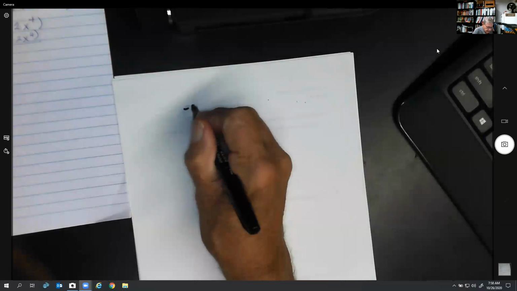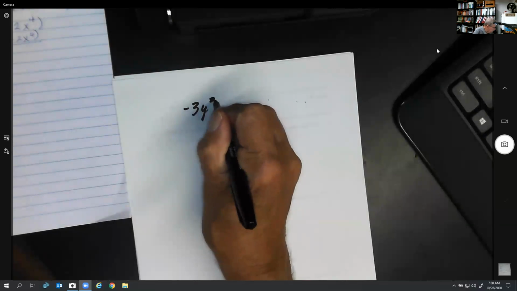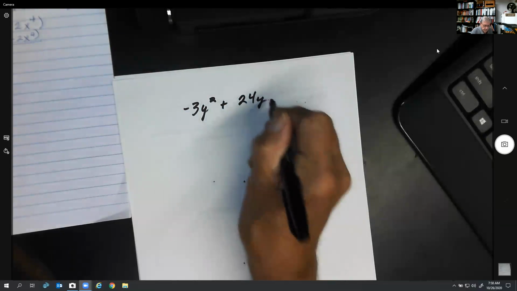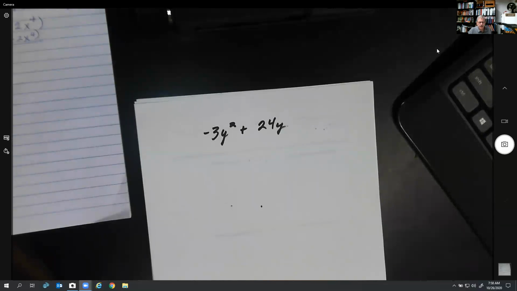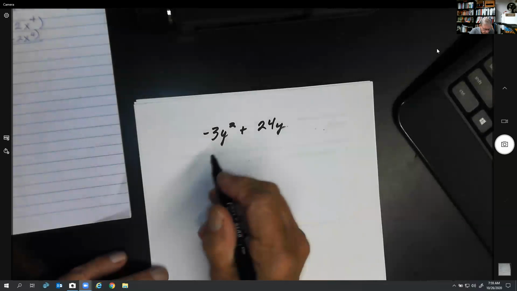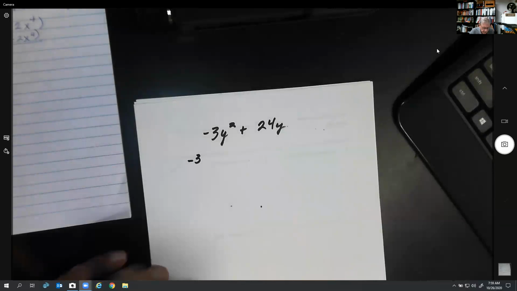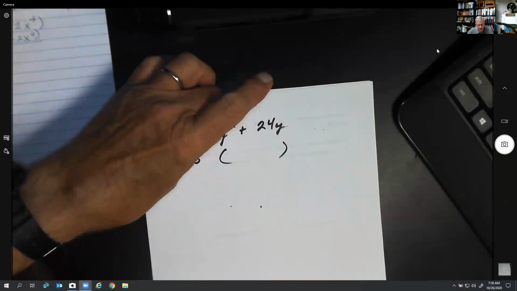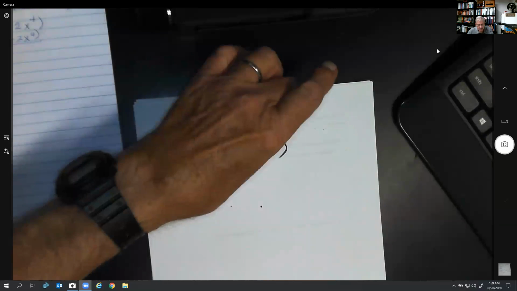Here's one: negative 3y squared plus 24y. So first of all, I want to factor out a negative number, and I see 3 can divide into 24, so I'm going to factor out the negative 3. Put a parentheses here. I also see that there's a y squared and a y. The y doesn't always have to be in the first term.